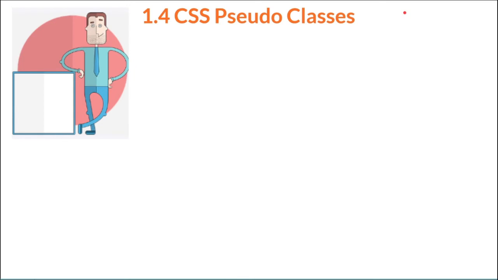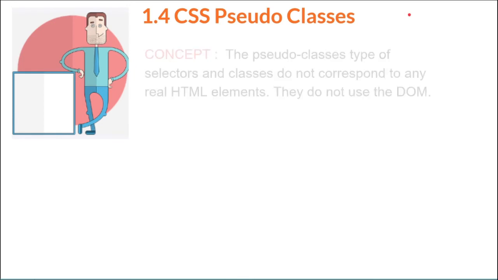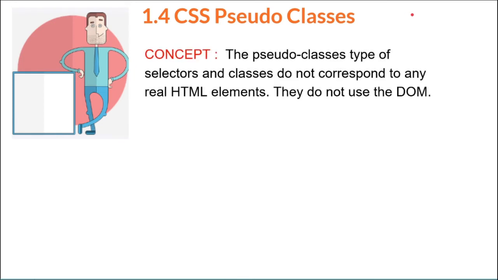Okay, let's have a look at CSS pseudo classes. The concept is that a pseudo class is not a physical or real or literal class. You can't find an HTML element that it applies to.